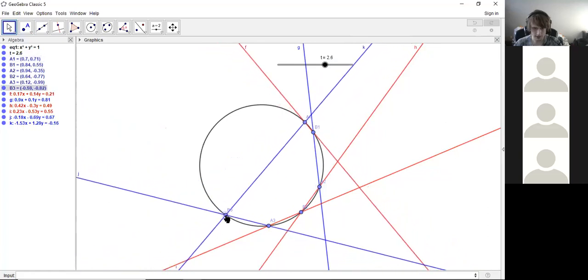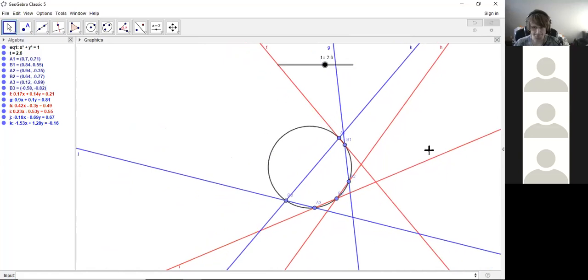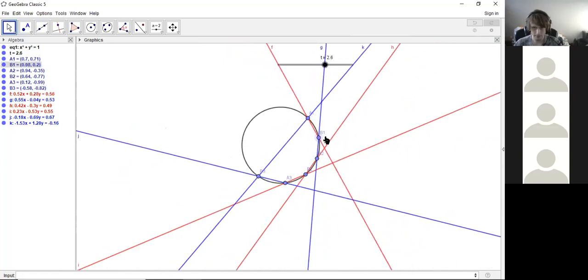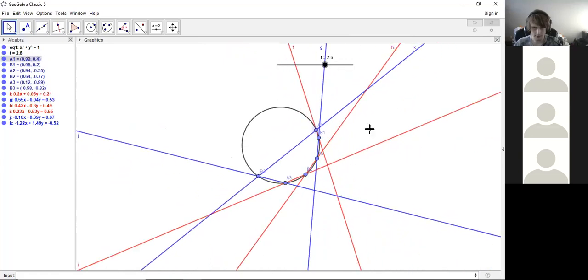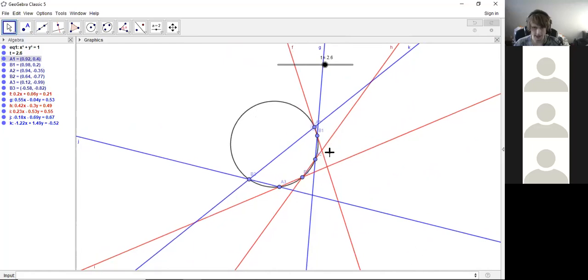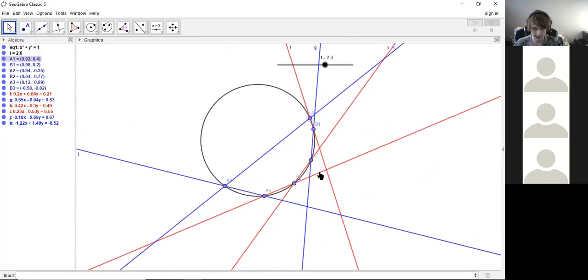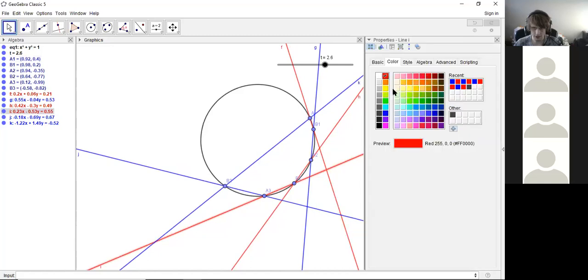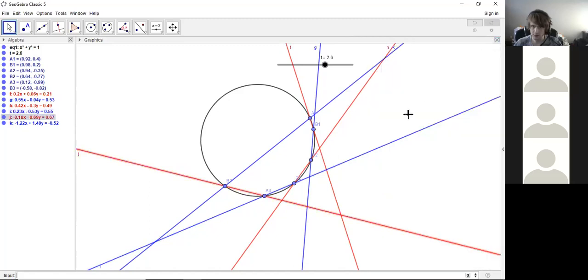They're supposed to be alternating, right? Did I not do it alternating? I didn't. Thank you for catching that. So that should be blue and that one should be red. All right, that looks much better.